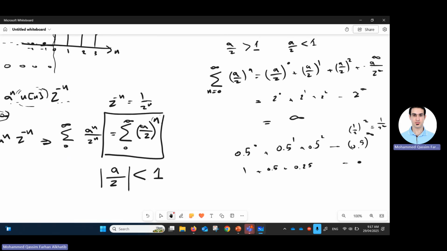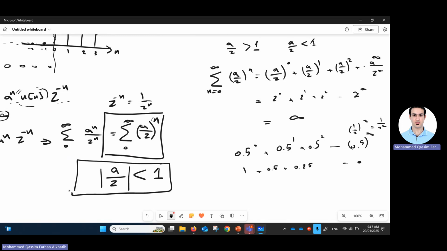So for this summation to hold, this condition should be maintained. And this is the concept of region of convergence. That's what we did in Laplace transform. Like last week, we ended up doing the integration, and we wanted to make sure the result of the integration would not go to infinity. So we applied a certain condition and we found a region of convergence.